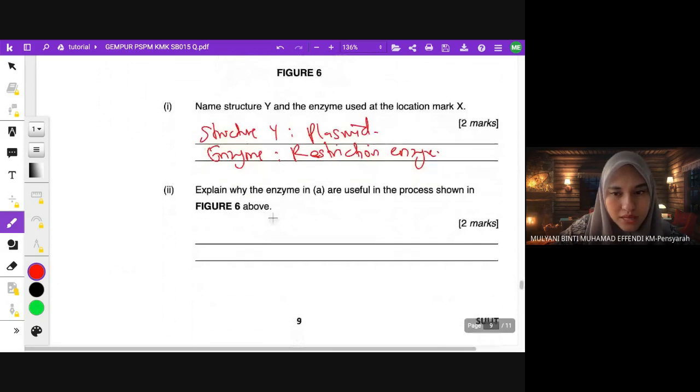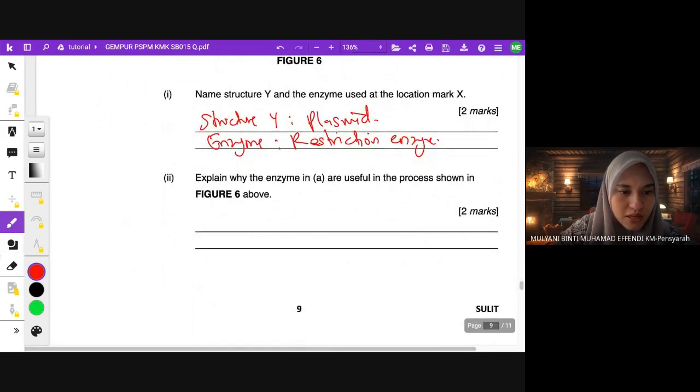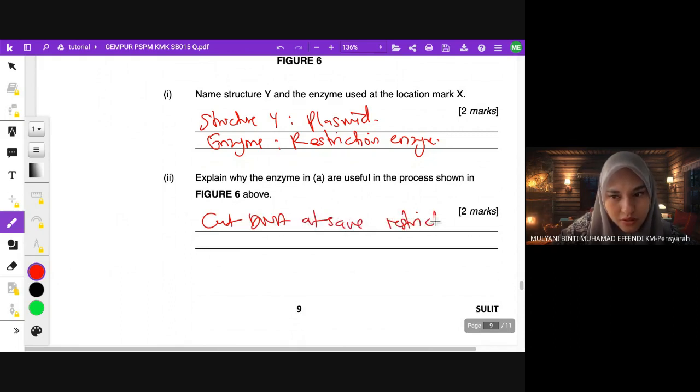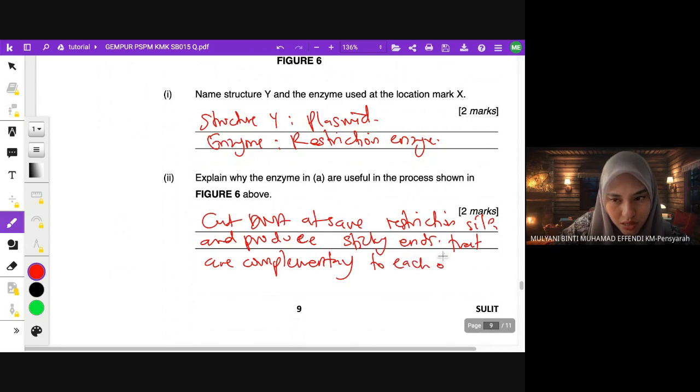Okay, so explain why the enzymes are useful in the process shown in figure 6. So, cut DNA at same restriction site. Okay, to cut lah, okay, and produce sticky ends that are complementary to each other.